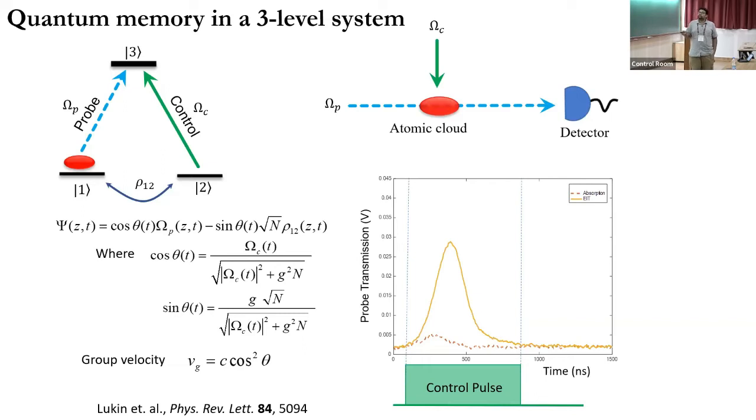This is called EIT. The atoms are trapped in this dark state polariton, decoupled from the probe, so the probe will not see them. As a result, we see transparency in the probe intensity. You can see there is a little bit of delay of the probe beam due to the change of group velocity due to EIT.